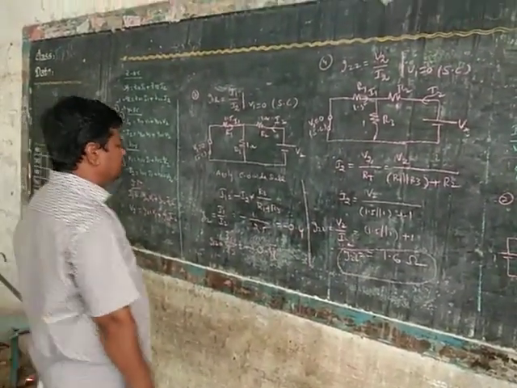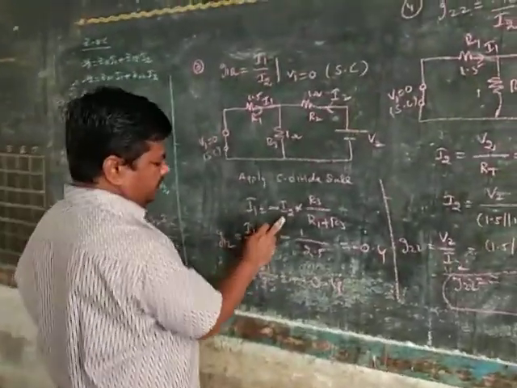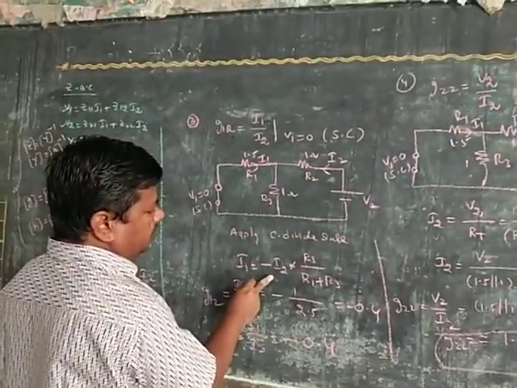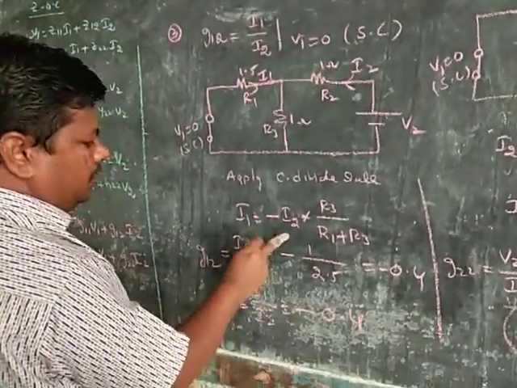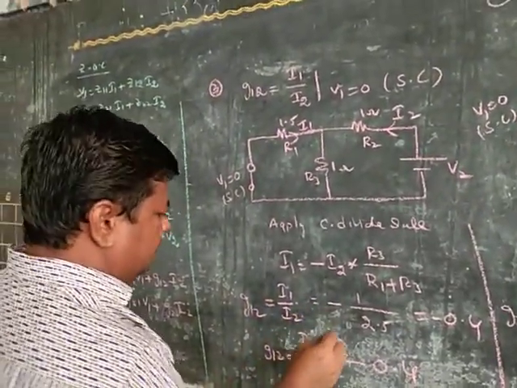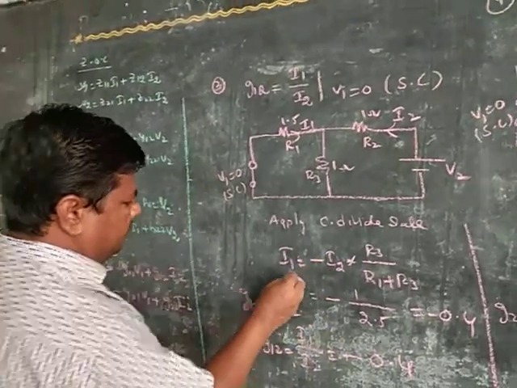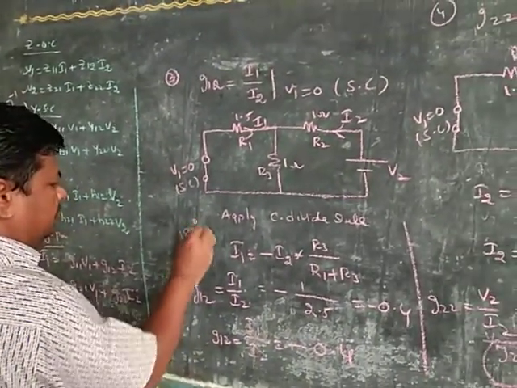And why are you getting the negative sign? The negative sign means a 180 degree phase shift between the input current and output current.